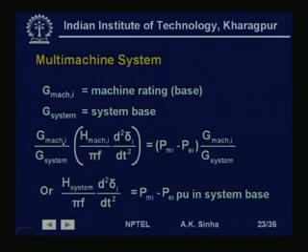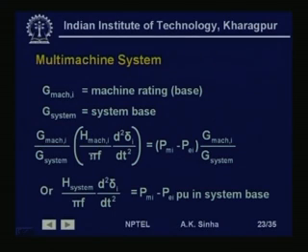When we multiply by G machine i, we get the kinetic energy of the machine rotating part, and when we divide it by G system, this becomes the inertia constant for that machine in terms of the system base, because we define H as the kinetic energy of the machine divided by the rating or the MVA base of the system. So, this is how we can convert it.